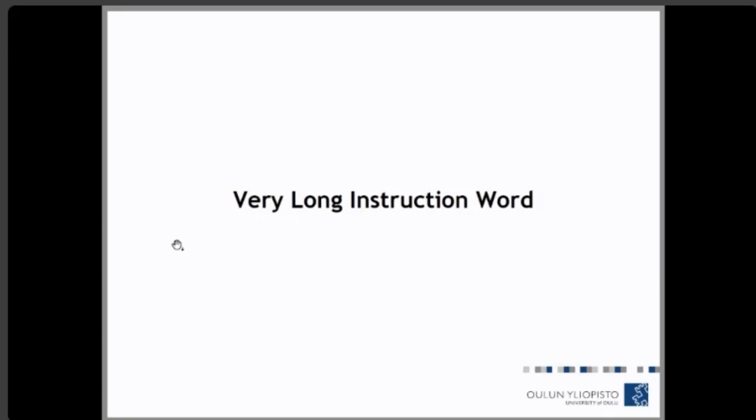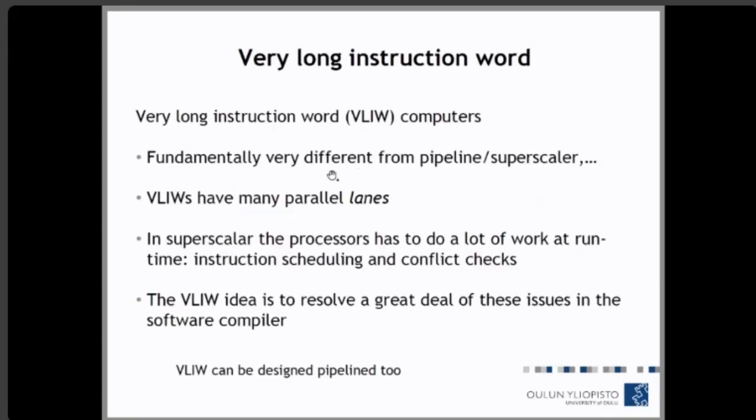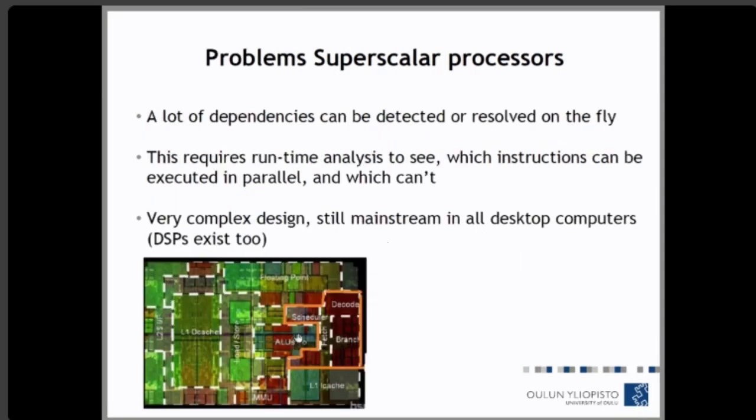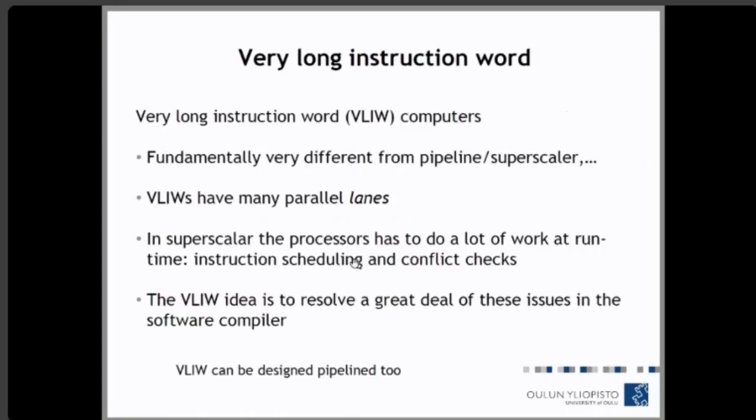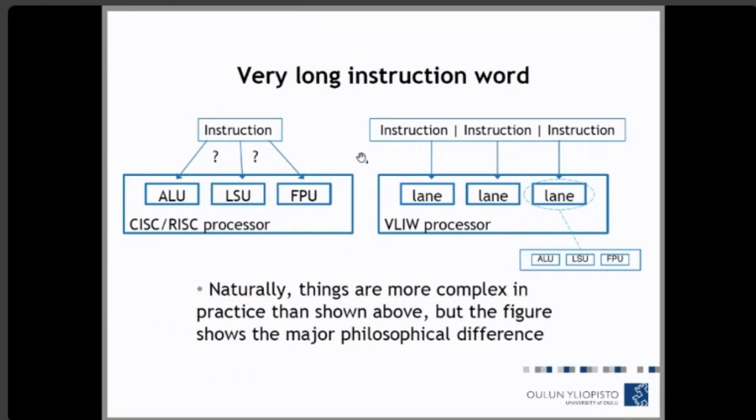The very long instruction word architecture. So you see here, I mentioned that we can have multiple ILUs, and that can be implemented in this format of VLIW. So instead of having a regular processor like this that has an ILU and some floating point unit, we can have the whole thing here as a lane, let's say.